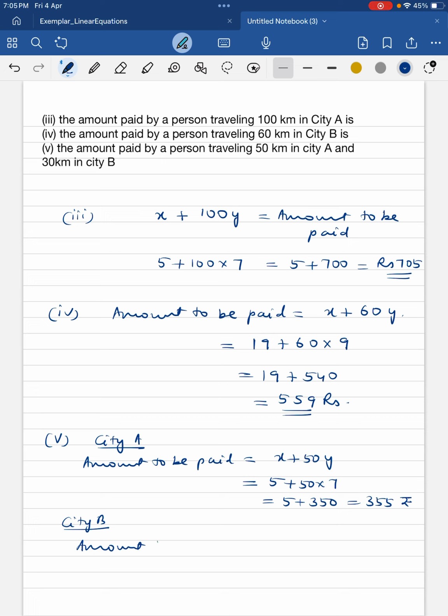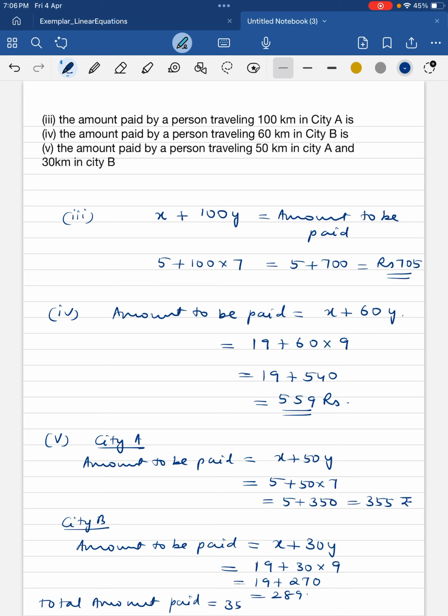So the amount to be paid is x plus 30y, which is 19 plus 30 times 9. That's 19 plus 270, which is 289. So the total amount paid would be equal to 355 plus 289, which is 644 rupees. Okay, thank you.